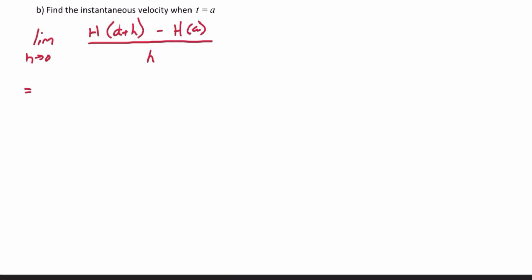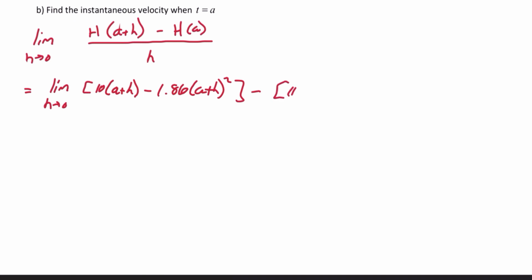Next, we can plug in our values. We have 10 times a plus h minus 1.86 times a plus h squared, minus 10a minus 1.86 a squared, all over h.